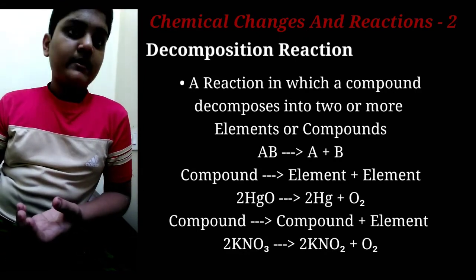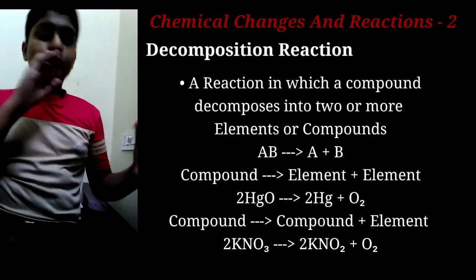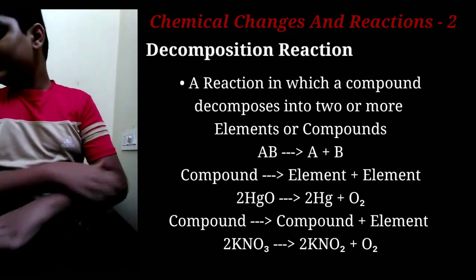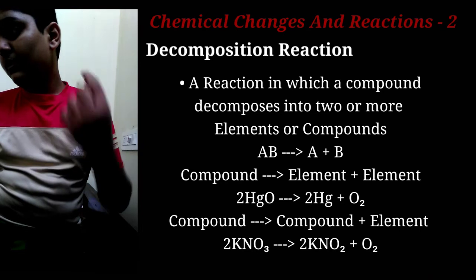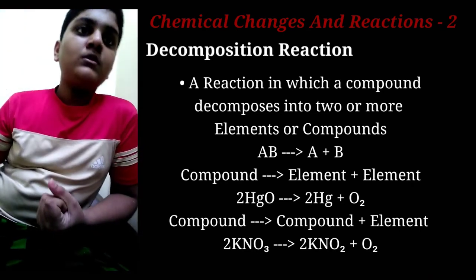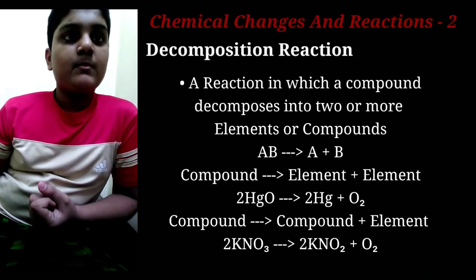mercury oxide, HgO, giving Hg plus O2, 2HgO giving 2Hg plus O2. And one more case, one compound on heating giving one compound plus element.